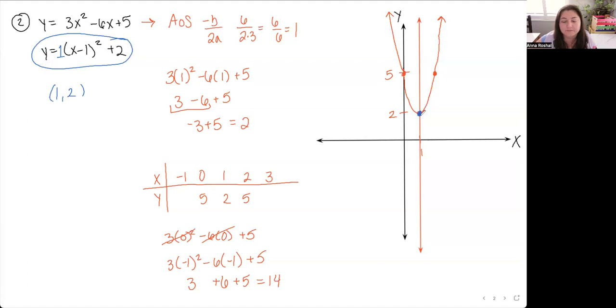That's right here. And then we know we're going to go up 1 over 1. So I'm going to hit this at 3. Because all of my parabolas are going to look very similar, right? They're always going to have that slope of up 1 over 1, up 3 over 1, up 5 over 1. They're always going up by an odd amount of numbers and then over by 1.